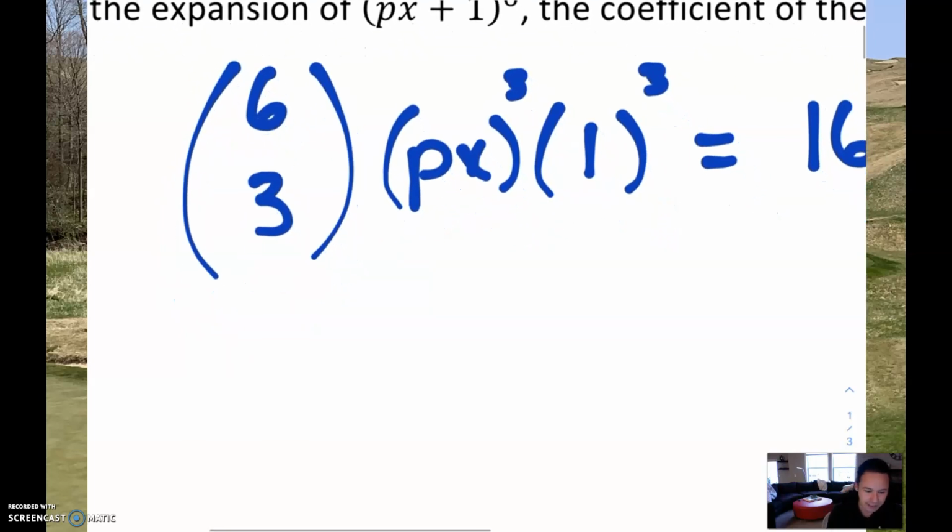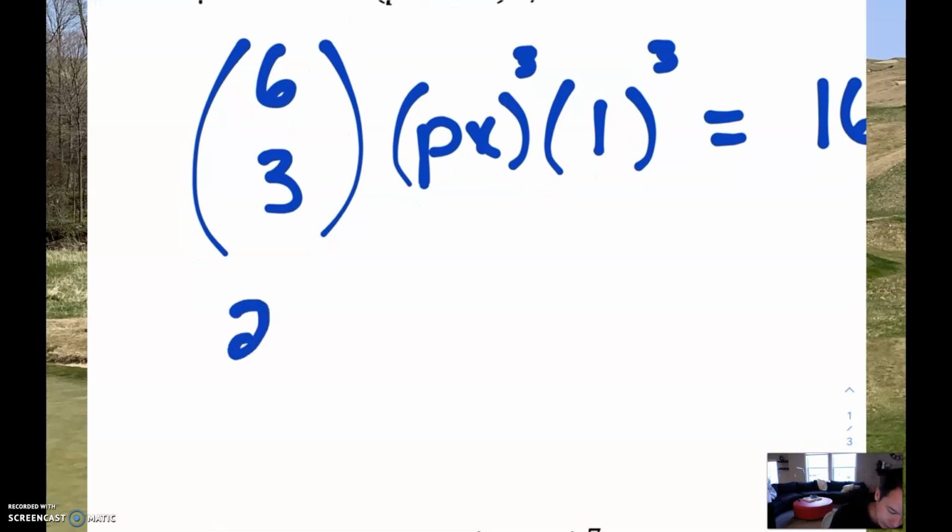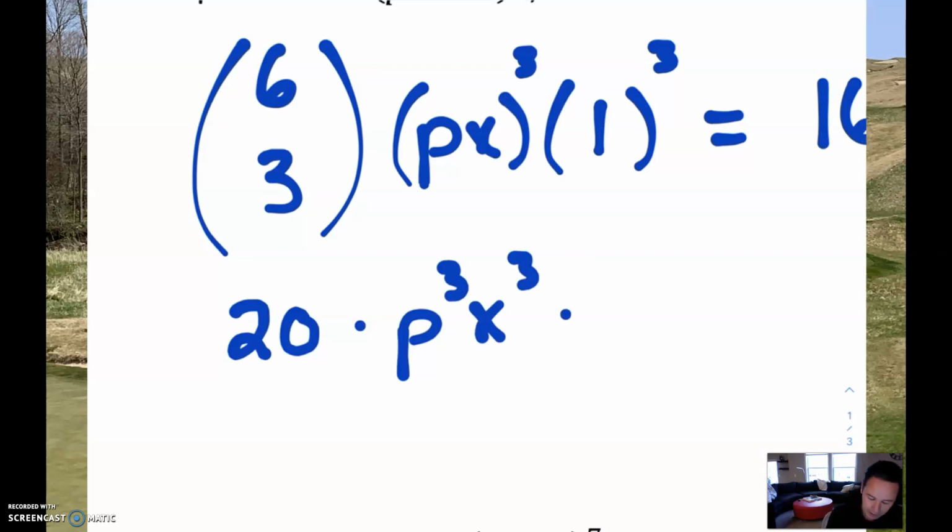Now we're going to simplify it. So we have 6 choose 3. You can type that into a calculator, and that equals 20. And if we have px cubed, what that means is px times px times px, which is p cubed x cubed. Then we have times 1. Pretty simple there.